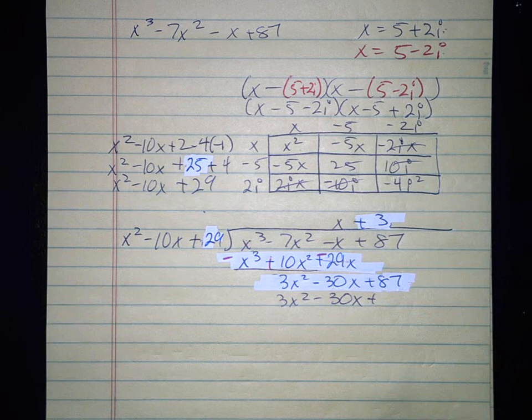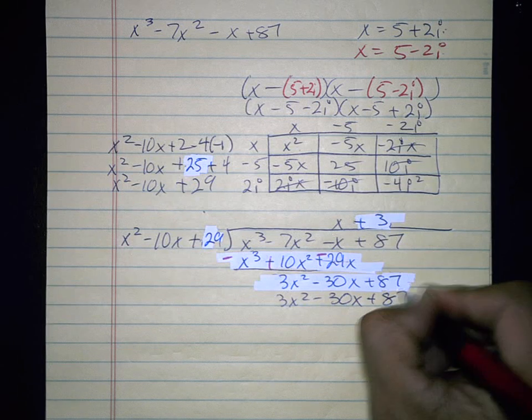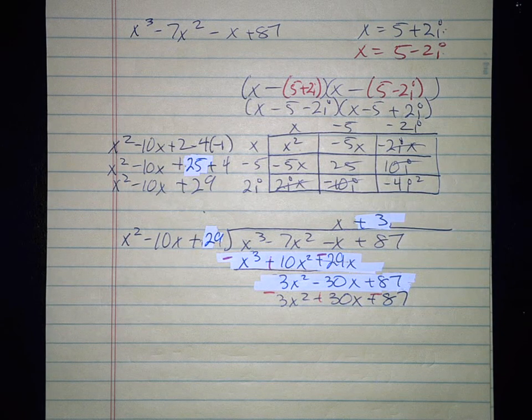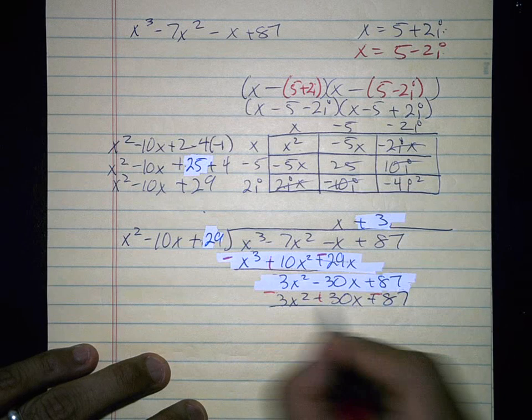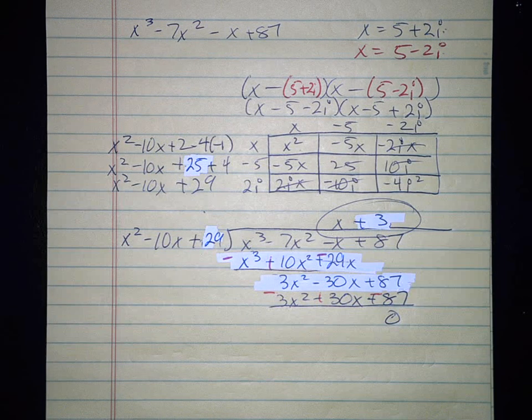Okay, just making sure that 29 times 3 does equal 87. Subtract these out. Okay. And I get 0. So I'm going to get my last root from that one right there.